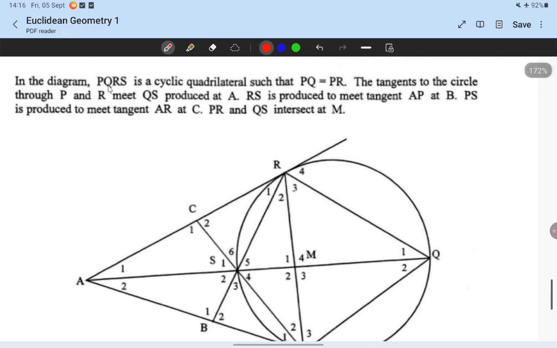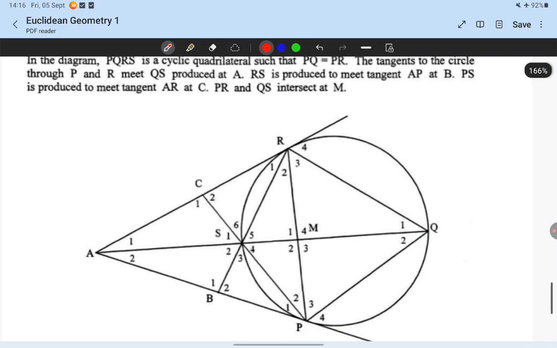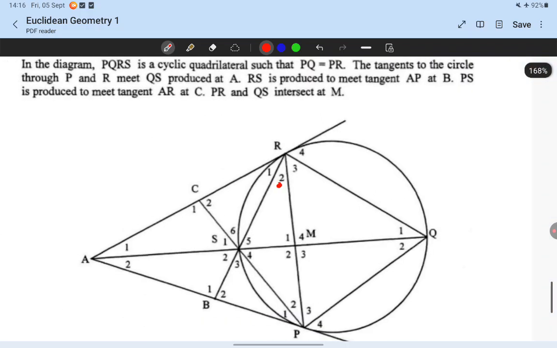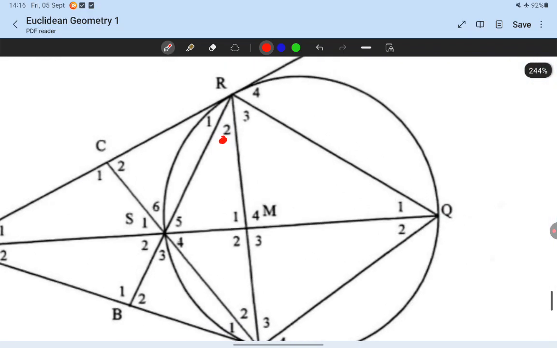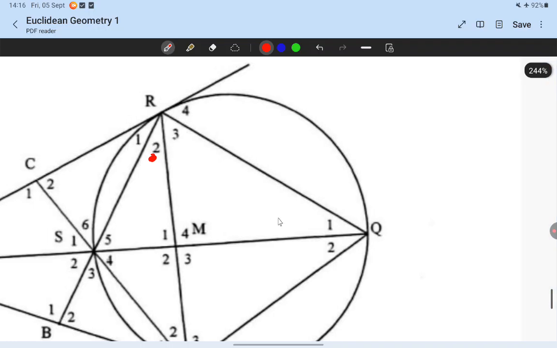In the diagram, PQRS is a cyclic quad. So we know that this shape is a cyclic quad, the one that is inside. So what you can do already, just state all the angles that are equal. So already you can see that this angle must be equivalent to this one, Q2, because these are angles in the same segment.